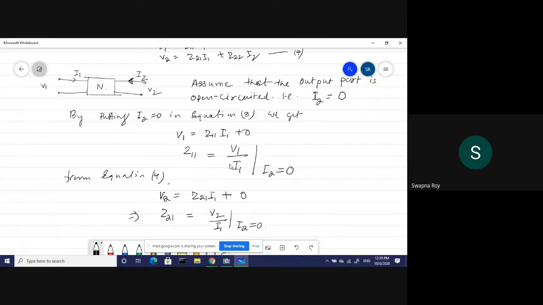Z11 is called the input driving point impedance, and this Z21 is called the forward transfer impedance.